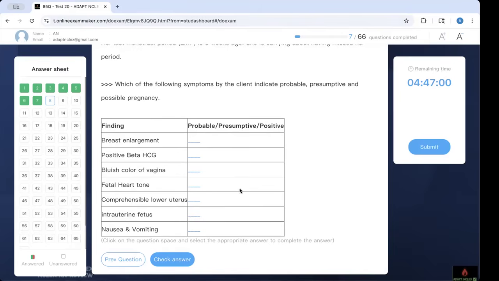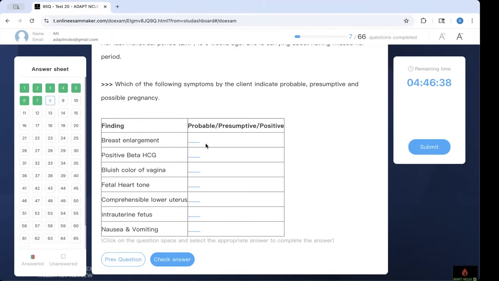You know them, all right? All these things are just put in this situation. What do you think? Breast enlargement, positive beta hCG, bluish coloration of the vagina, fetal heart tone, compressible lower uterus, intrauterine fetus, nausea and vomiting.